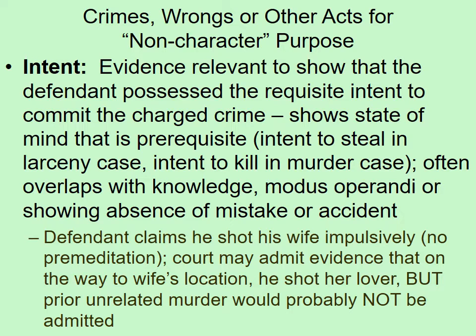He clearly went to shoot the lover and then went back to his house to kill the wife. In contrast, the prosecutor in that case couldn't get in evidence that, say, sometime in the past the husband had killed someone else, since that doesn't say anything about intent in the current case.